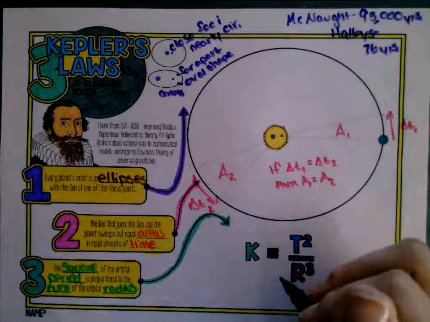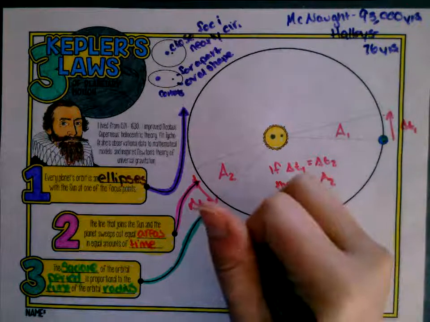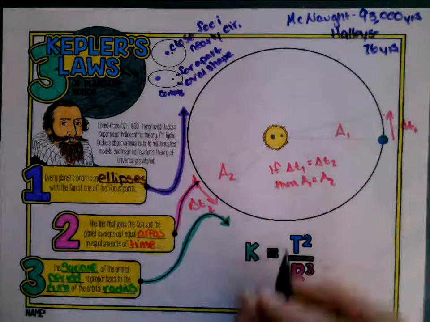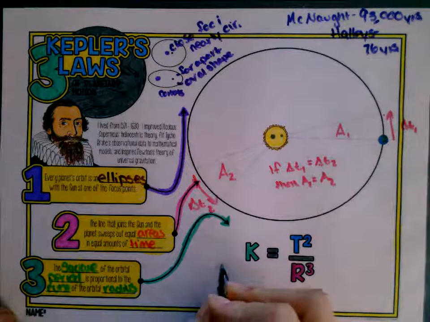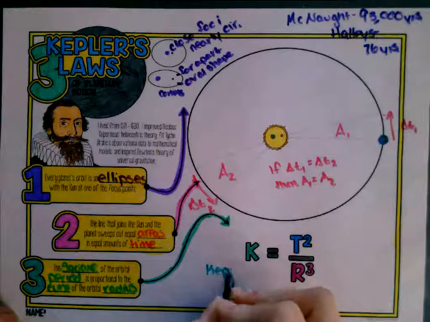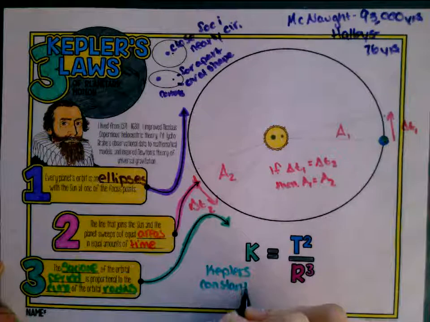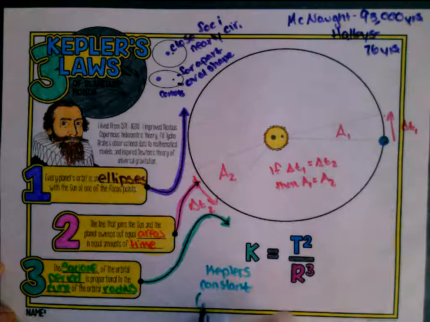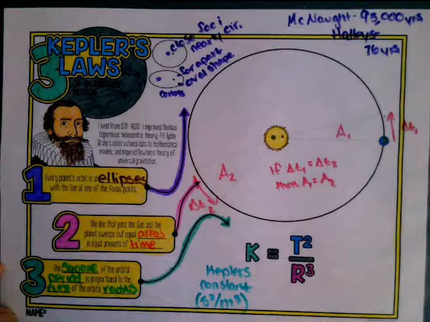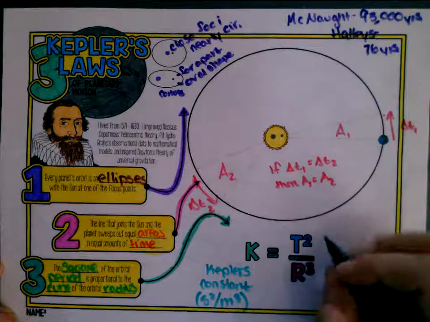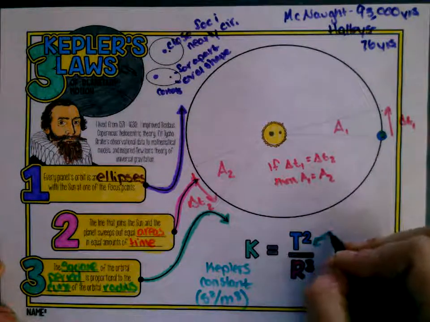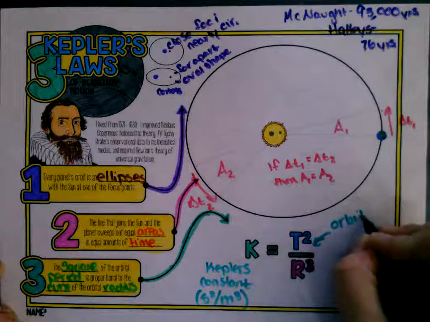We call this Kepler's constant. That's what that K stands for, Kepler's constant, and it's measured in seconds squared per meters cubed. This T squared stands for our orbital period.